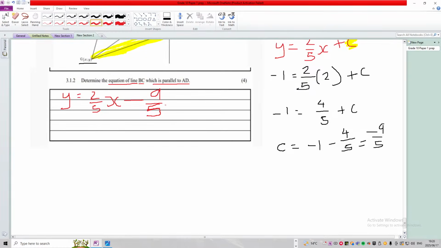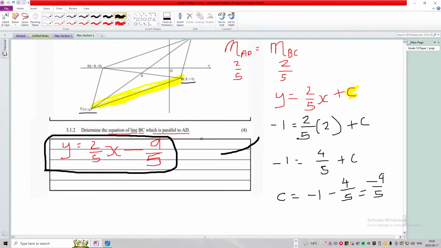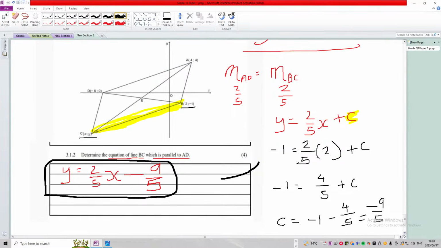Okay, so this is my equation of my line, right? See, obviously guys, you need to have all of this working out in here. You can't just write the final answer, have all your working out in the answer there. Now I got my equation of my line BC.